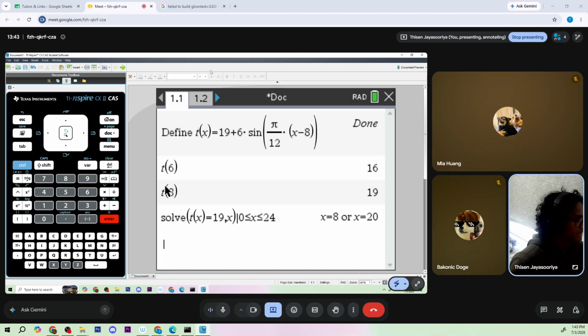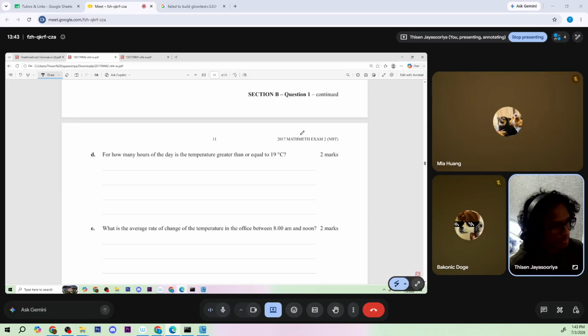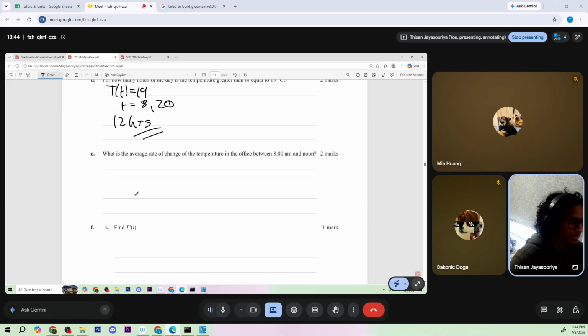So I get x equals 8, x equals 20. If I wanted to try out a working mark, I'd do t of t equals 19. Hence t equals, if I look at my calculator, 8 and 20, which means the time difference between them is 12 hours. That's all you need to put down here.